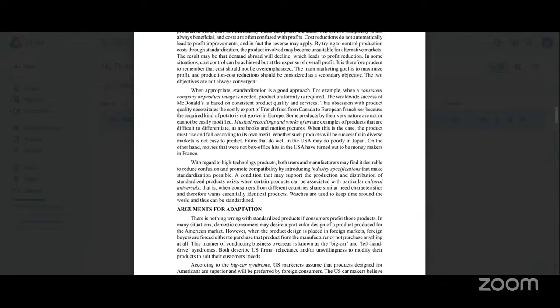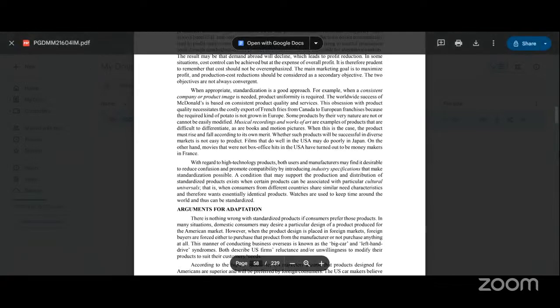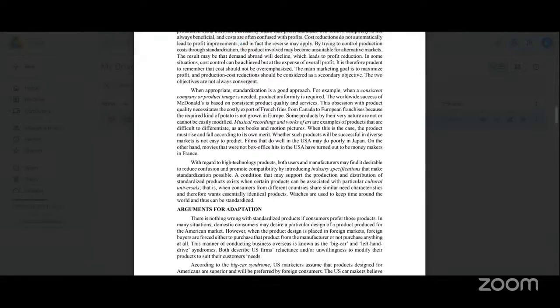So, the worldwide success of McDonald's is based on its consistent product quality and services. We know that more or less wherever we are in whichever part of the world, McDonald's will serve similar products. It may vary slightly in terms of its ingredients. For example, certain things are not sold in India. However, what is remaining constant or consistent is the product quality and the company services.